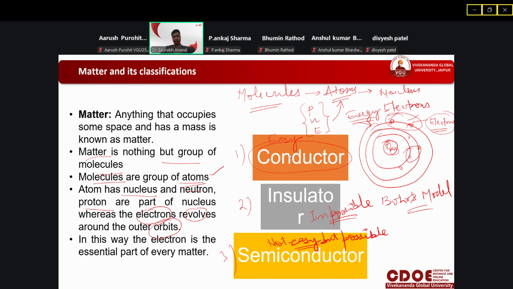Have you all understood the classification of material? It is divided into three types. First is conductor, second is insulator. Conductor is the material in which the flow of electron is very easy. It means the current can flow very easily. In an insulator, the flow of electron is impossible, meaning there is no conduction.